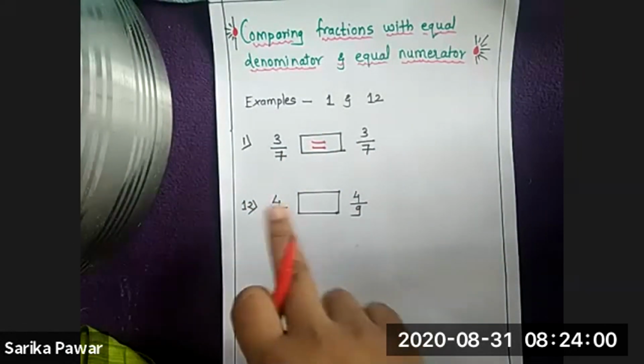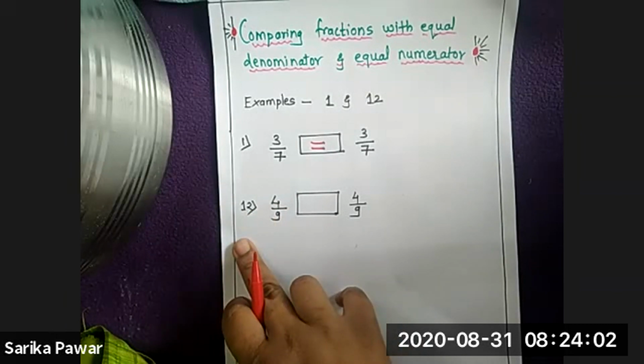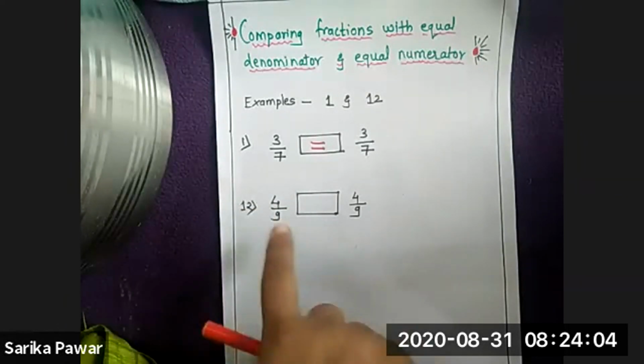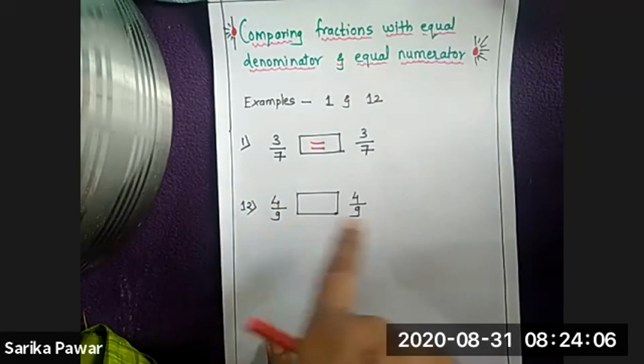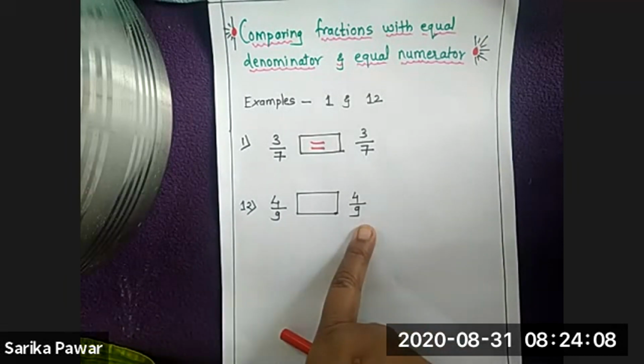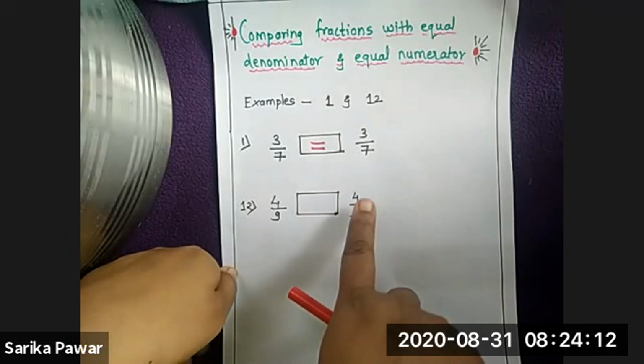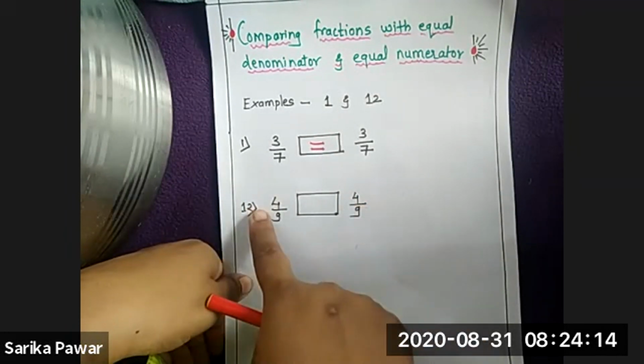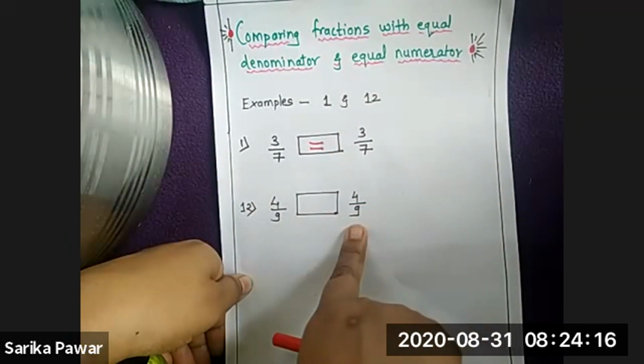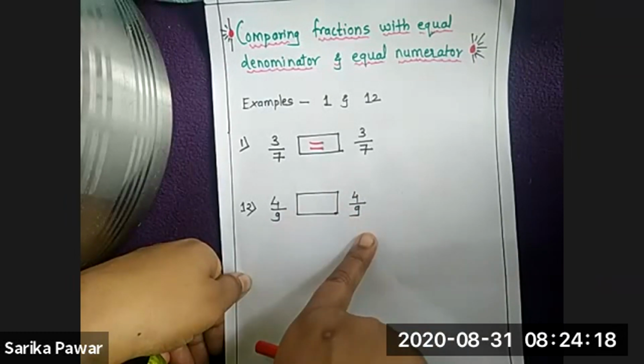Now, problem number 12. In this problem also, you can observe denominator 9 here, and here also denominator 9. And numerator 4 here, and here also numerator is 4. So, both the fractions are equal. No smaller, no greater.